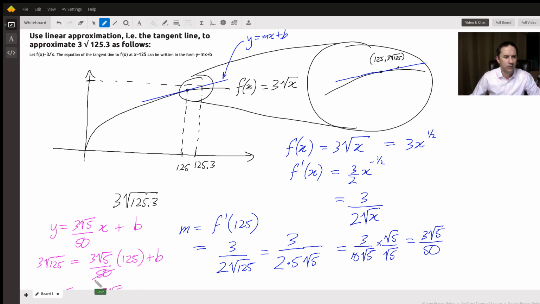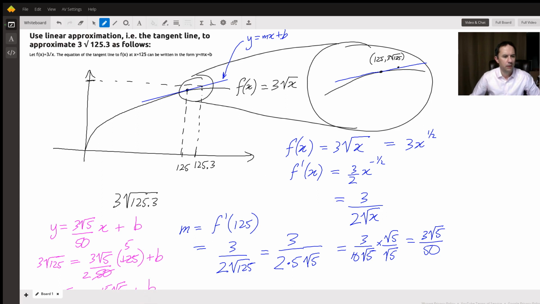We can cancel 25 there, 125 by 25, that's 5, so we've got 15 root 5 divided by 2 plus b.